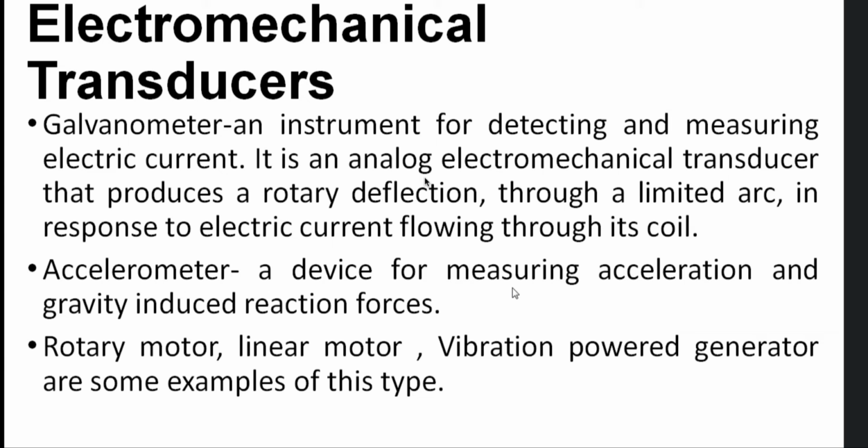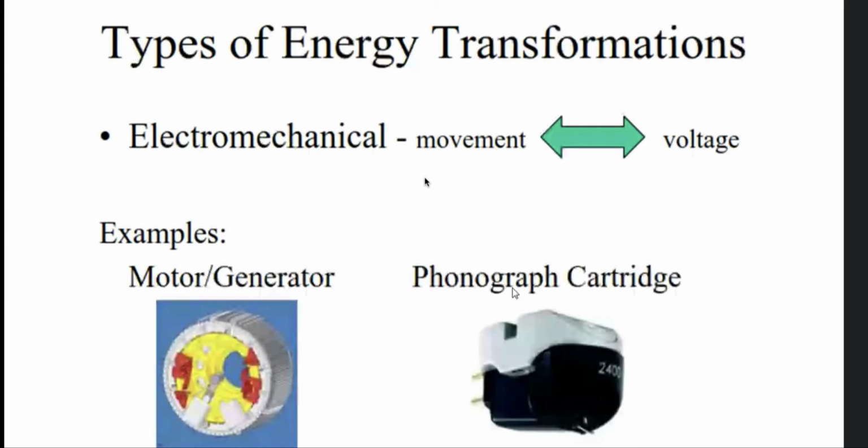Then the accelerometer, a device for measuring acceleration and gravity-induced reaction forces. The next ones are rotary motor, linear motor, and vibration power generator, which are some examples of this type. Next, types of energy transformation.